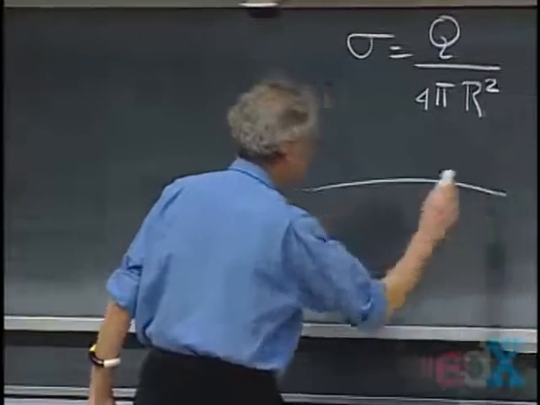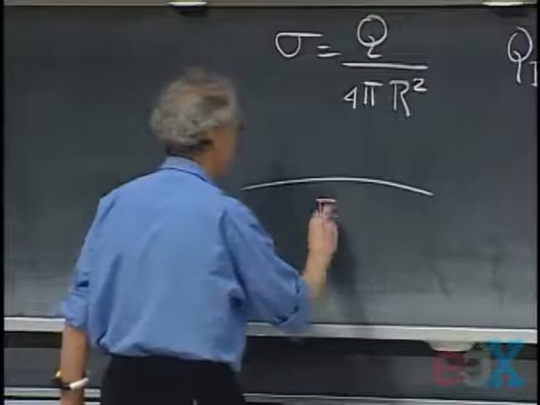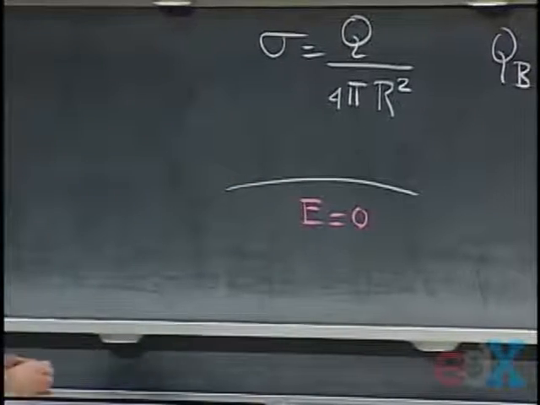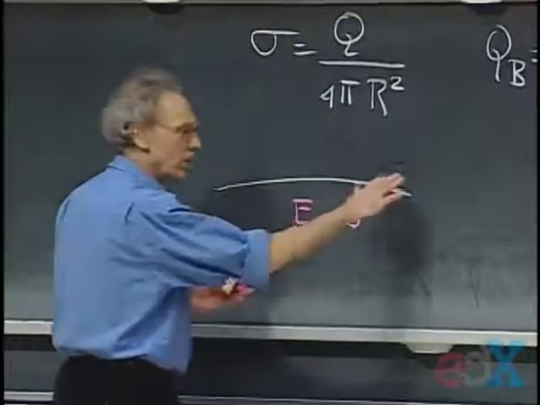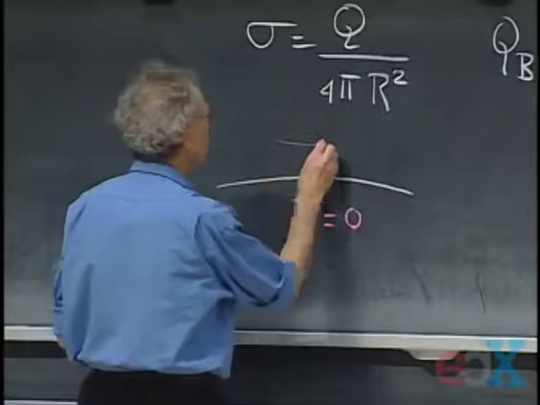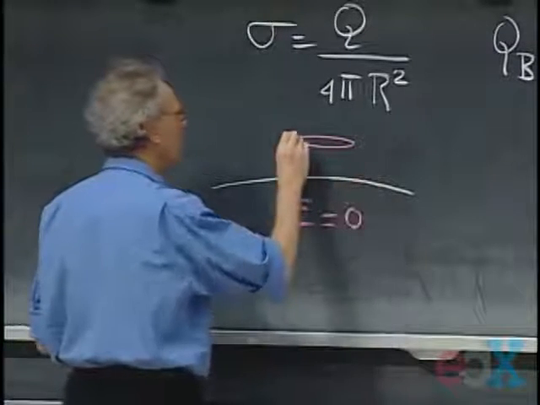If this is the surface of a conductor, any solid conductor, where the E field is 0 inside of the conductor, and there is surface charge here, what I'm going to do is make a Gaussian pillbox. This surface is parallel to the conductor.